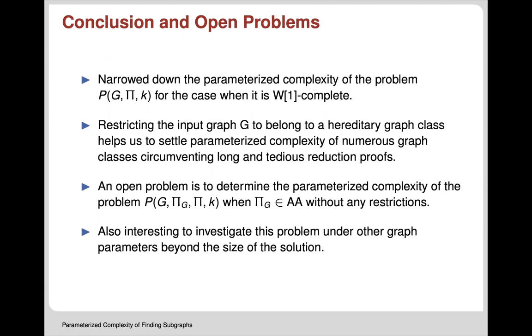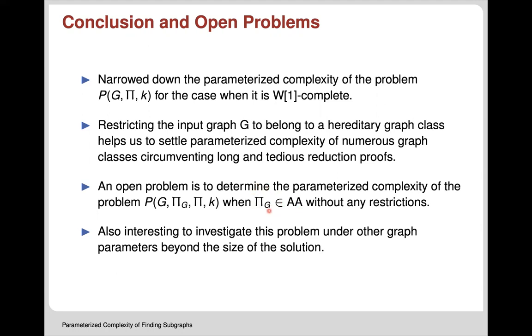For example, chordal graphs would be an example of AA, right? Because it has all cliques and all independent sets. Yes. And so what kind of question are you asking given a graph? So chordal graph is your graph G, right?